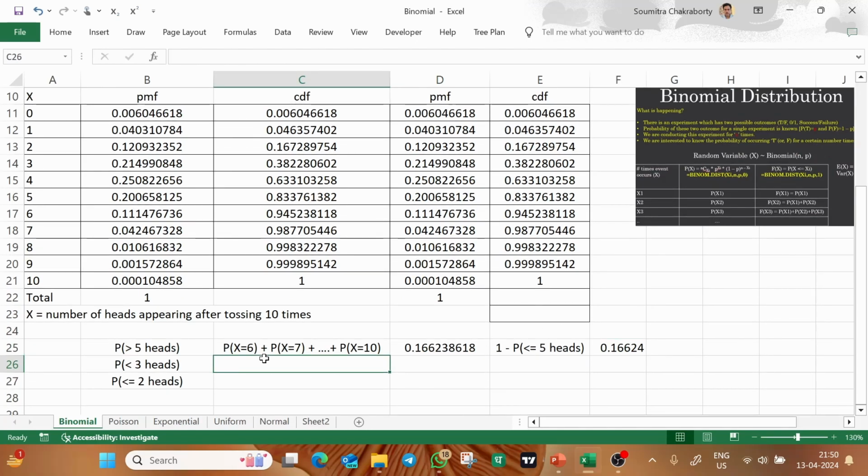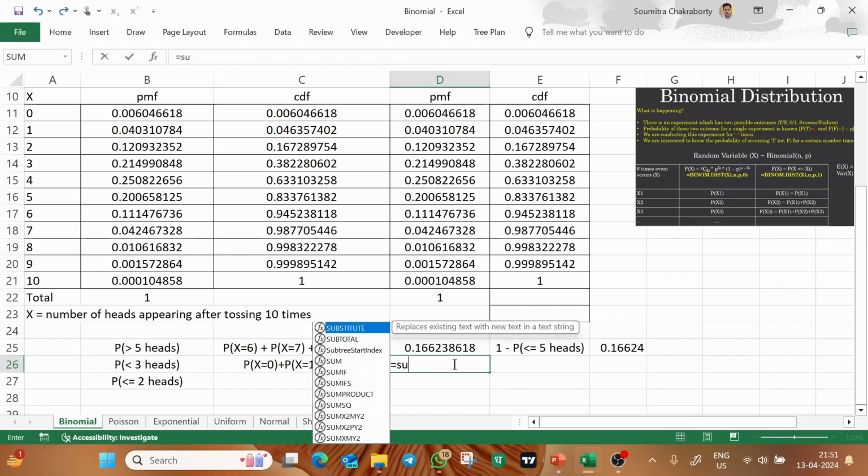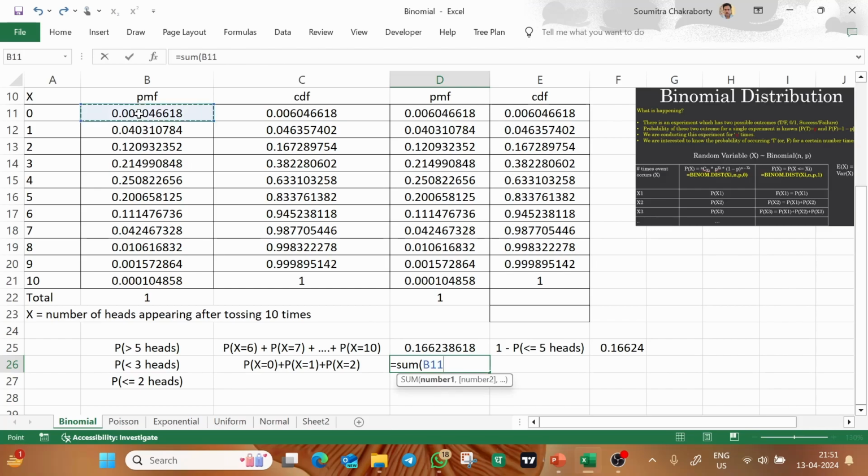Similarly, probability less than 3 heads will be how much? Probability x equal to 1 plus probability x equal to 2, also probability x equal to 0. Anything else? No. So simply the sum of these three. How else can this be calculated?